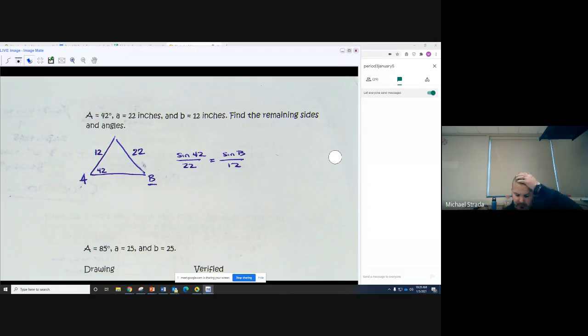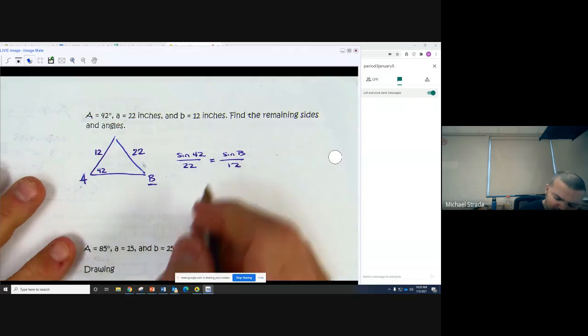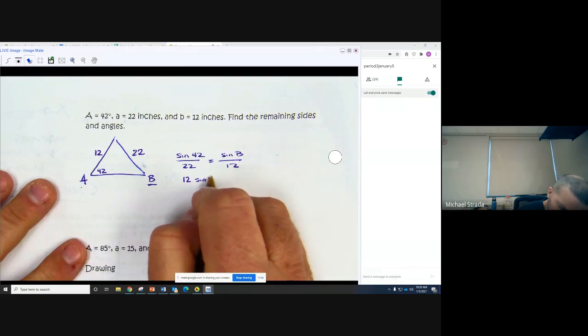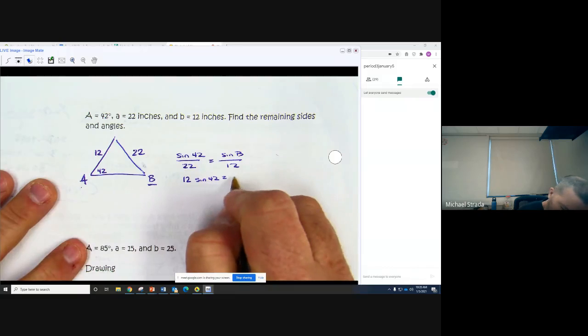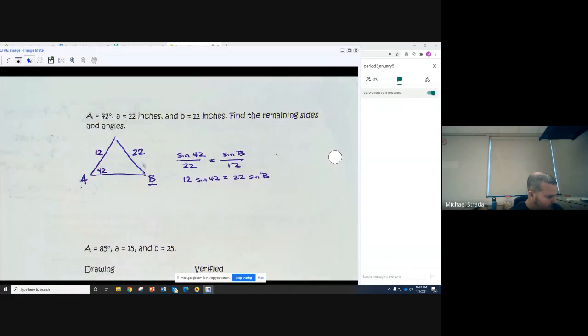This is exactly what we did yesterday, which you should have been doing for homework either last night or tonight. Don't forget, that homework is due tonight. This part of the ambiguous case won't be in that homework. There'll be a separate assignment with that. When we cross multiply, it's 12 sine 42 equals 22 sine B.